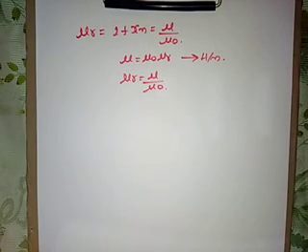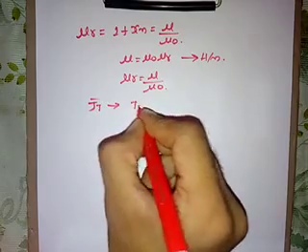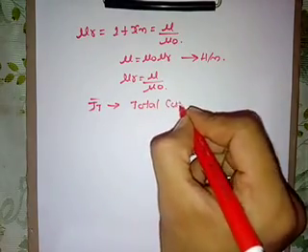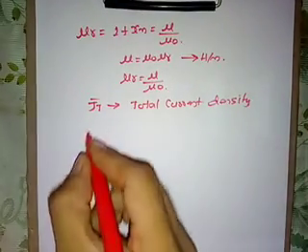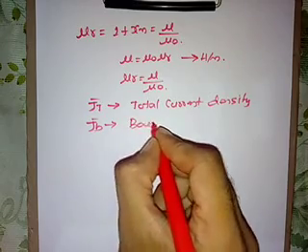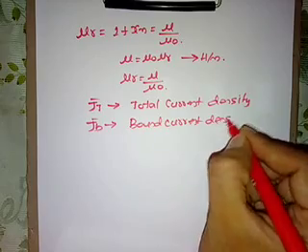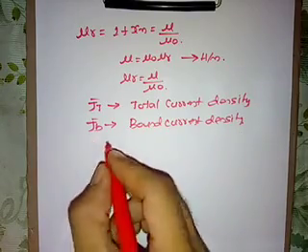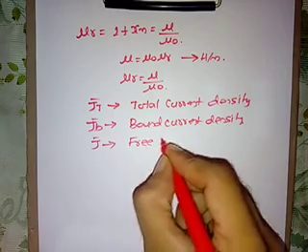If we consider the current densities, current can be expressed in terms of current densities. Let Jt bar be the total current density, Jb bar the bound current density, and J bar the free current density.